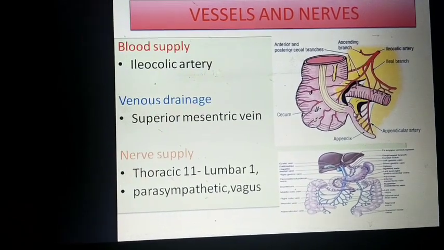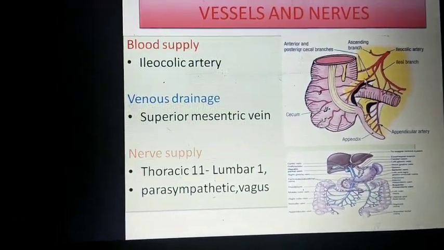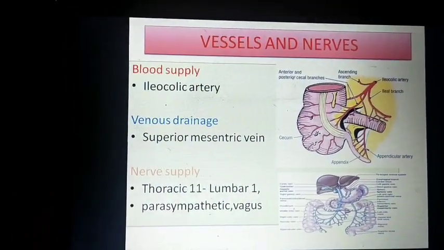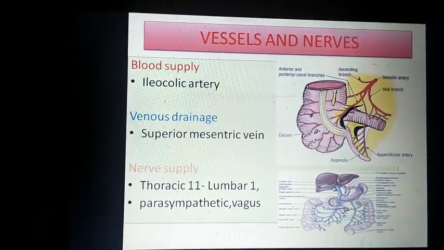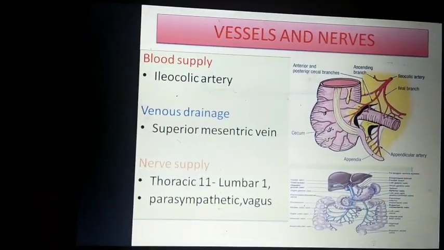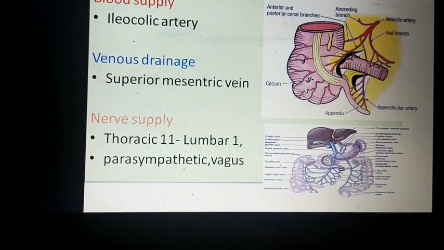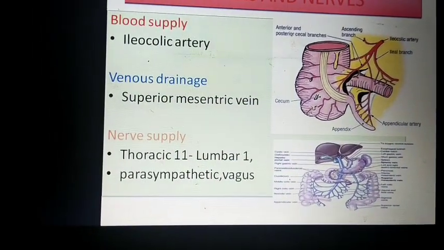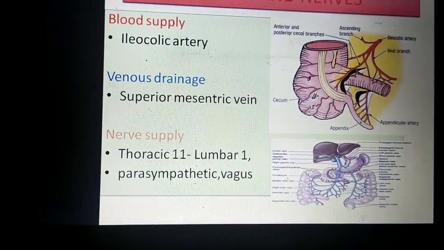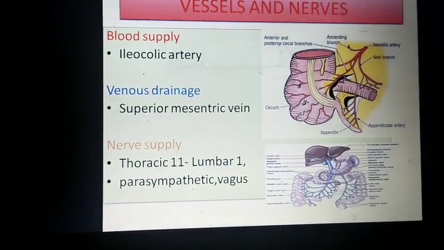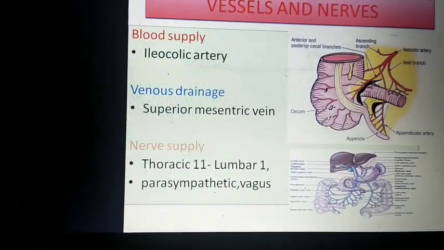Venous drainage is by the respective ileocecal vein, which drains into the superior mesenteric vein, and this drains into the portal vein. Nerve supply is parasympathetic by the vagus nerve and sympathetic by thoracic and lumbar 1 vertebra levels.